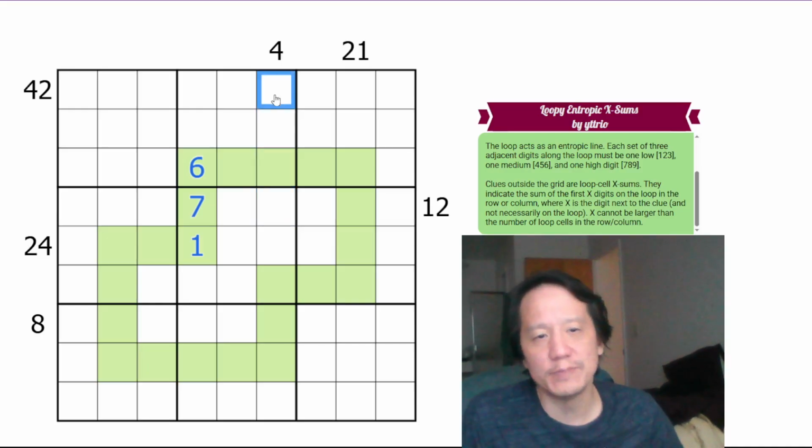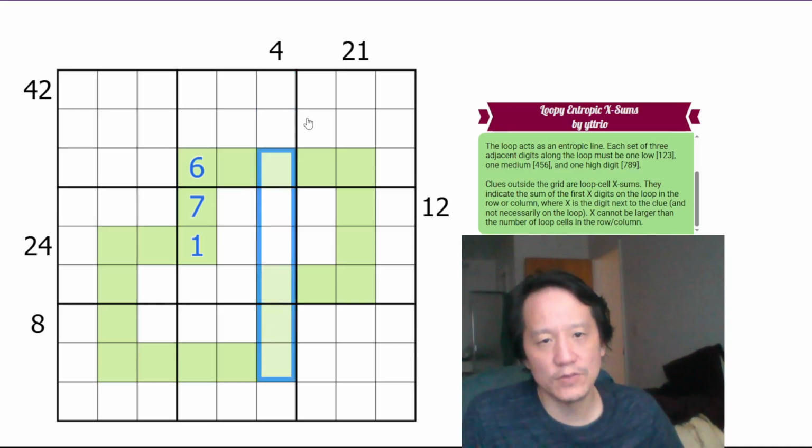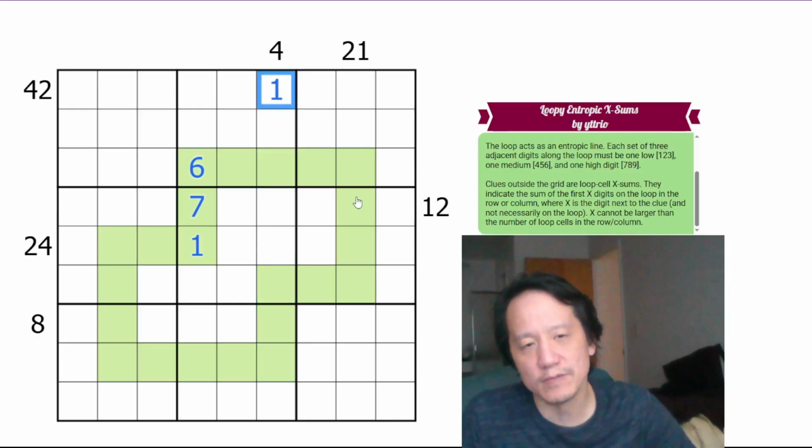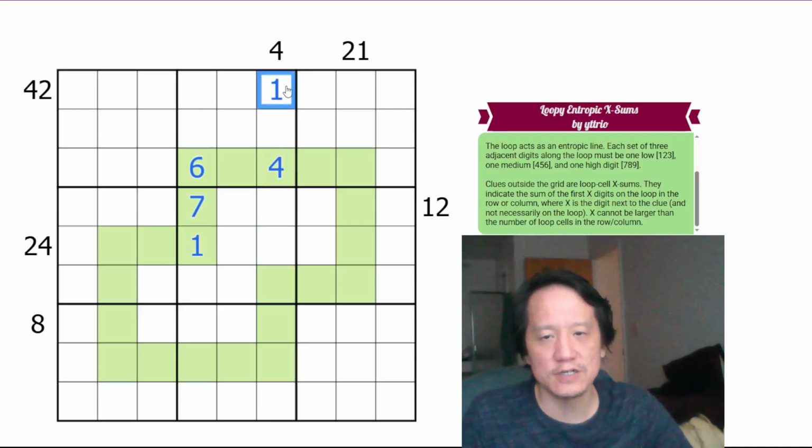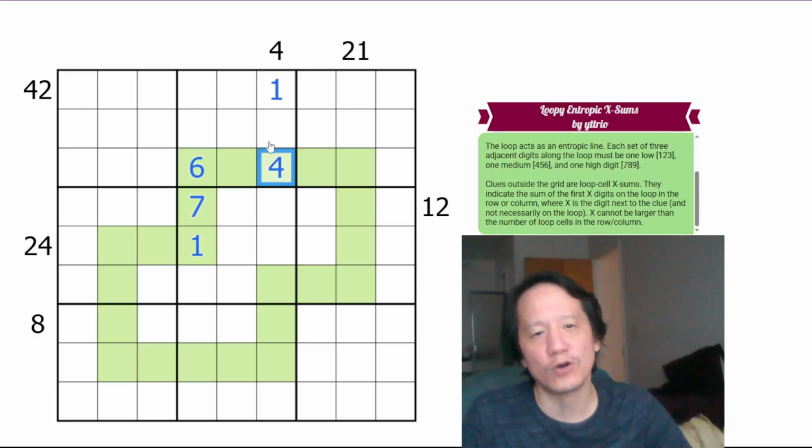So, for example, you could have this being 1 and this being a value of 4. That would be valid, because you would look at the first X digits on the loop in that column, which would be just 1, because X is 1, and that would equal 4.